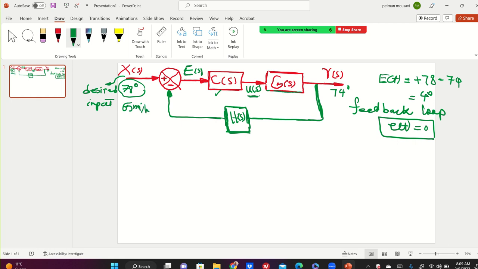So here is the model of your car, your plant is the car. But the real output, the current velocity of your car, is, I don't know, say 56 miles per hour.